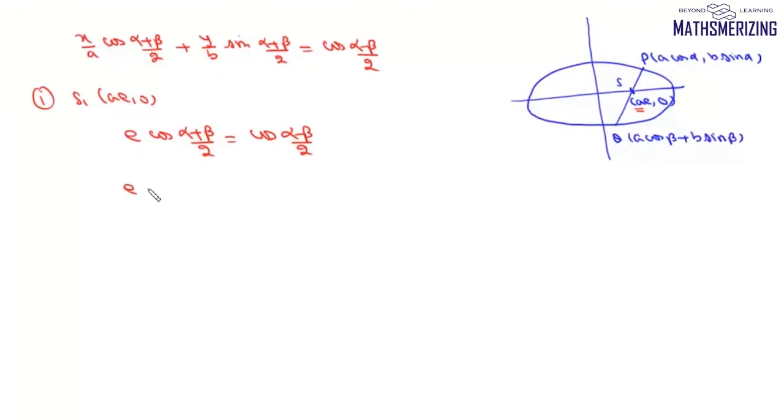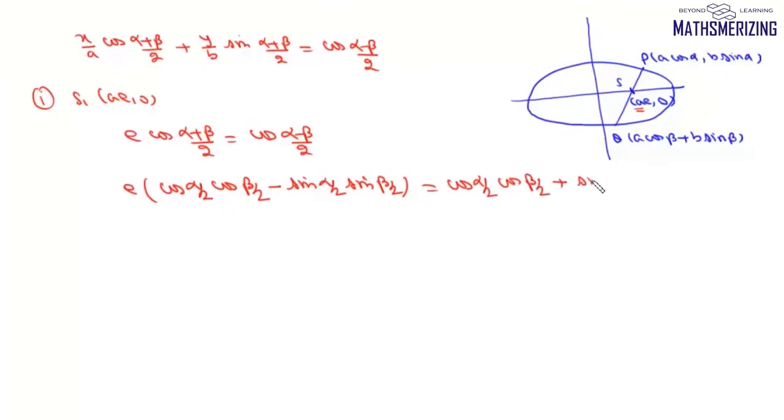Now we can write this using cos(A plus B) is cos A cos B minus sin A sin B. So we can write e times (cos alpha by 2 into cos beta by 2 minus sin alpha by 2 into sin beta by 2), and it'll be equal to cos A cos B plus sin A sin B, so cos alpha by 2 into cos beta by 2 plus sin alpha by 2 into sin beta by 2.